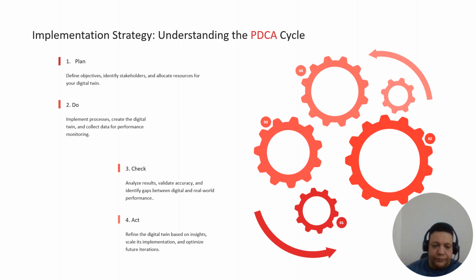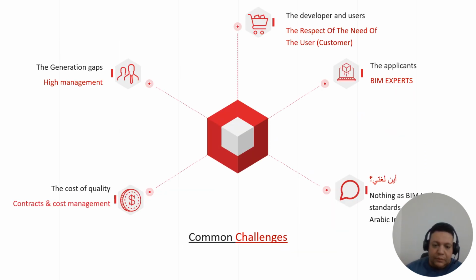So coming to the common challenges. Of course, life is not easy. So I chose for you 5 common challenges. First example, of course, is the cost. Most of us know this, that it's always a cost of quality. The BIM and digital BIM, and it's mostly through tenders.